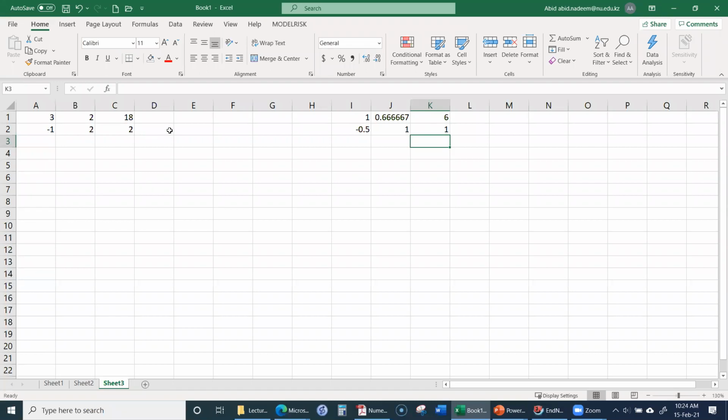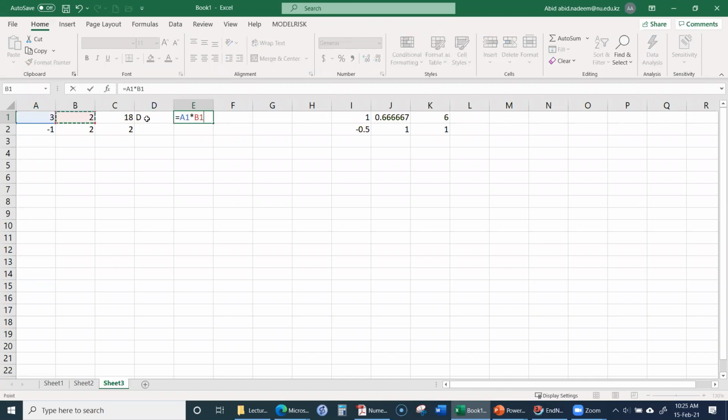And by scaling these coefficients, what will be the effect on the determinant? The determinant is this multiplied by this, minus this value multiplied by this value. So this is the determinant. The determinant is 8.